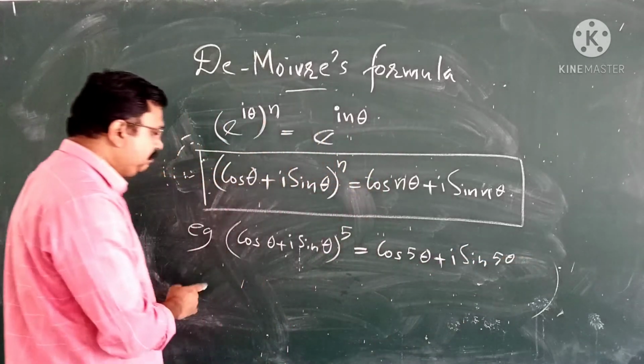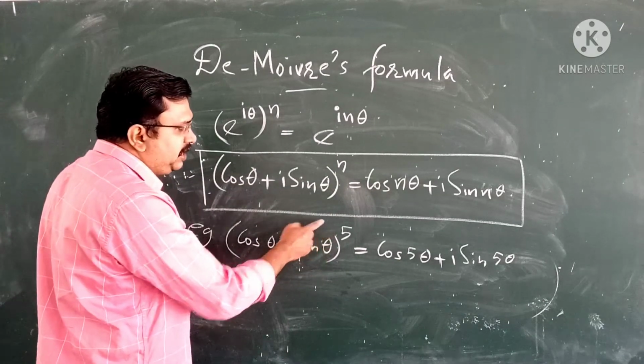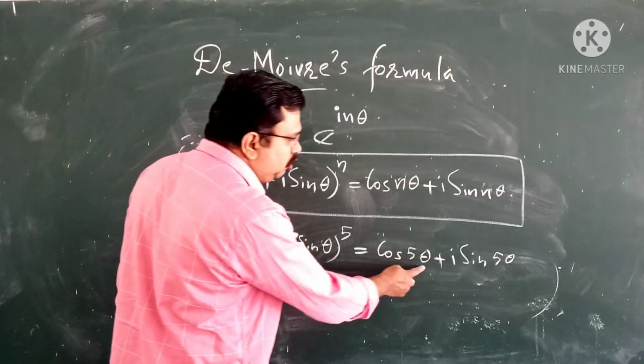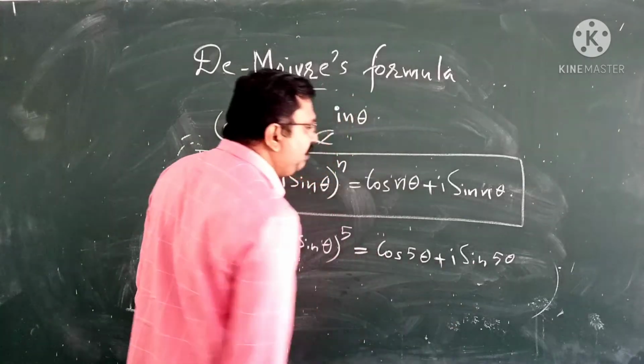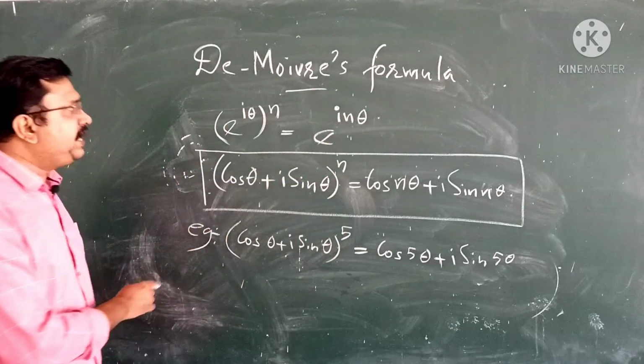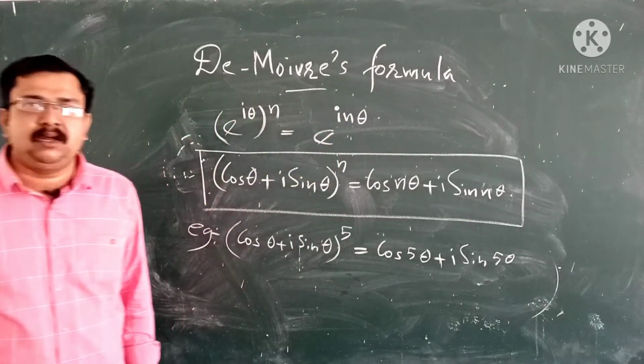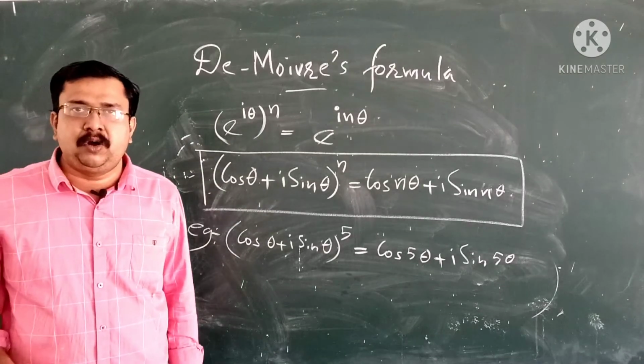Okay, an example. (cos theta plus I sin theta) the whole raised to 5 is equal to cos 5 theta plus I sin 5 theta. An example for De Moivre's formula. Okay, please write down on your notebook.